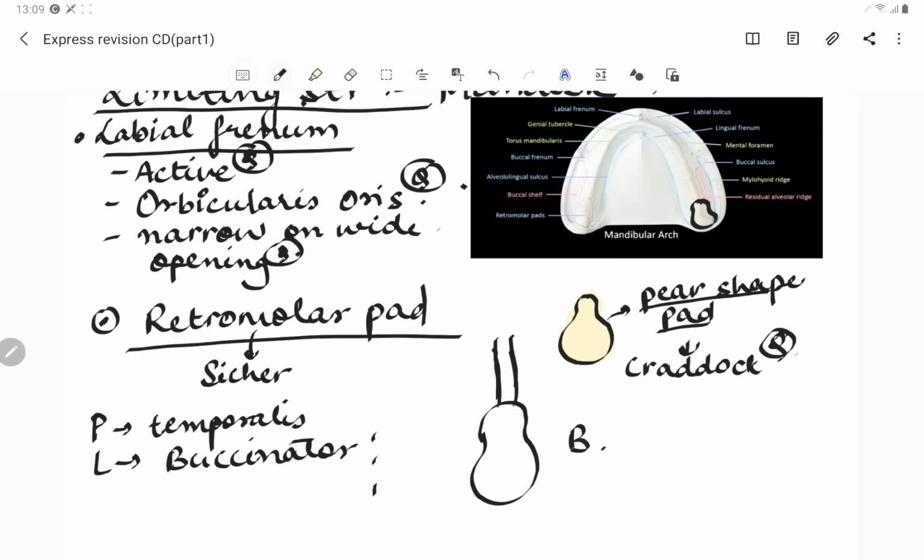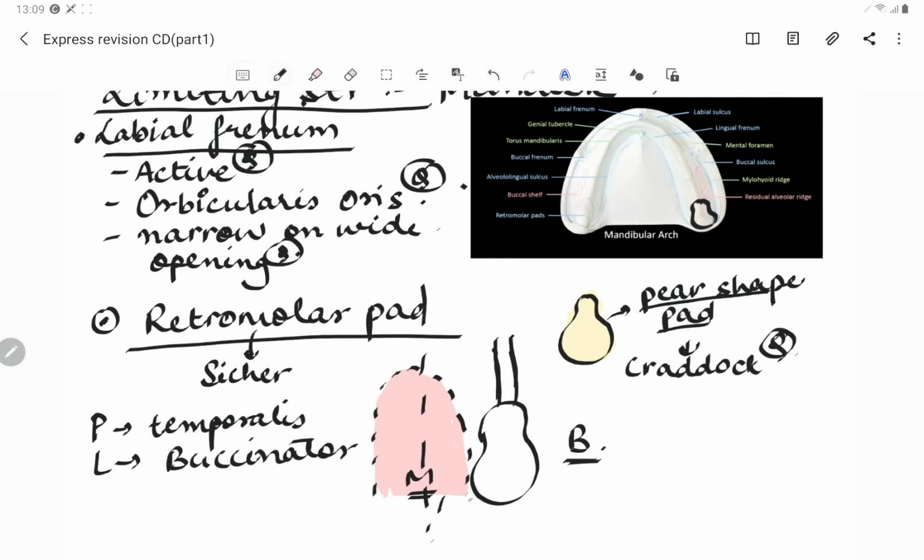So tongue is going to be here like this. So this is the area of the tongue, and buccally we have buccinator. So B for buccinator, B for buccal, remember this. So laterally we have got buccinator, and medially, that means towards the midline, towards the tongue, we will have the pharynx.